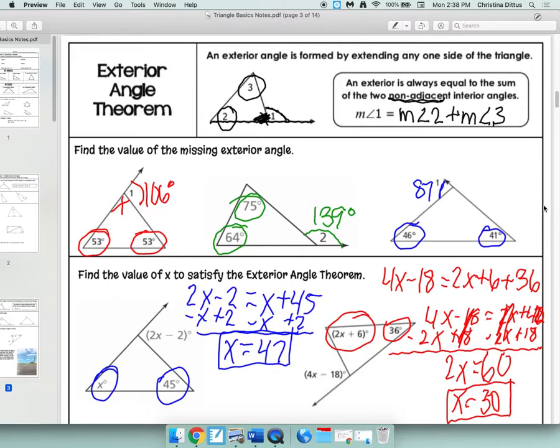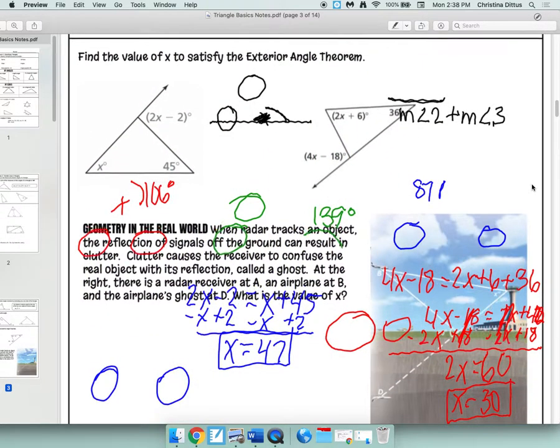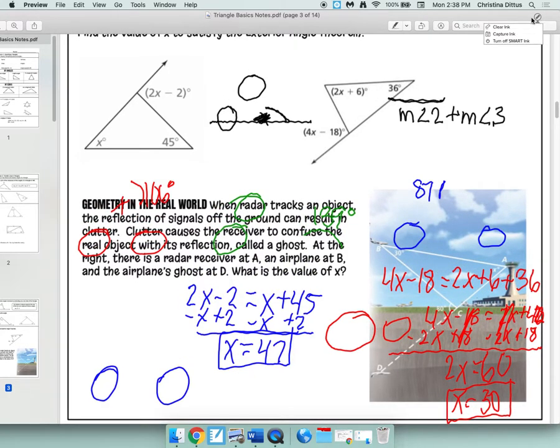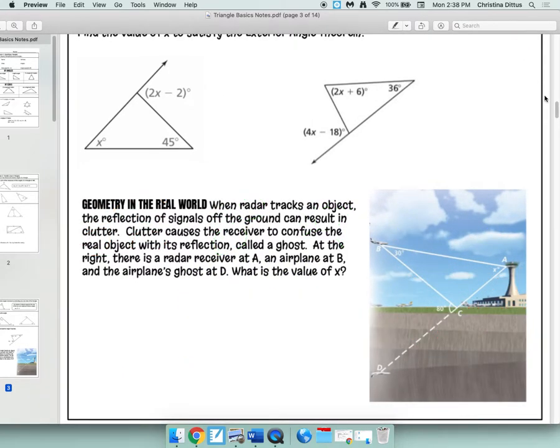And one more. This little picture gives you a real life example of a radar tower and an airplane. Sometimes the signal reflects off the ground. It's a thing called clutter. It confuses the real object, called a ghost, all that good stuff. Alright, hopefully you can see on your page, but I'm going to make this a little bit better.